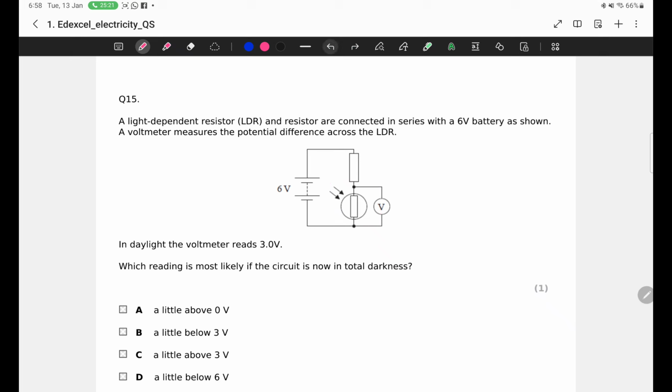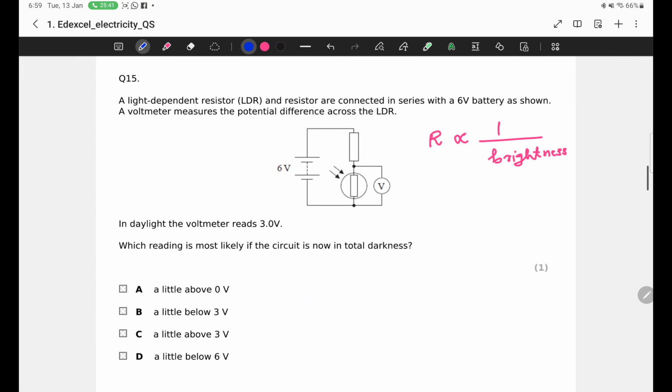And in this LDR, you should know that resistance is inversely proportional to brightness of light. So now I am going to explain.